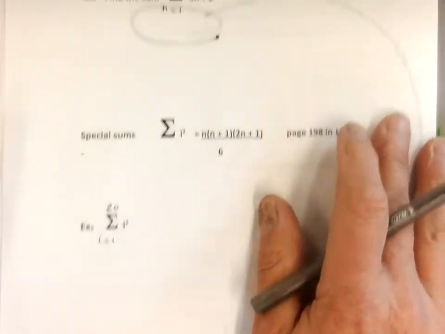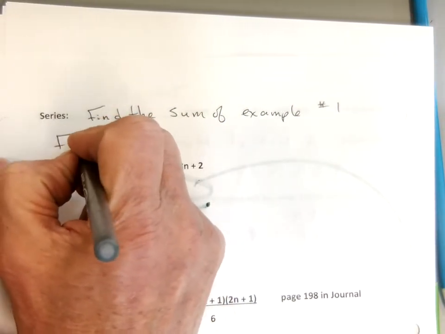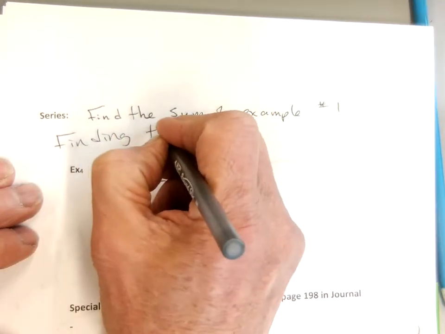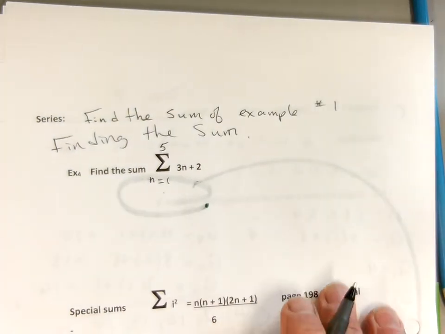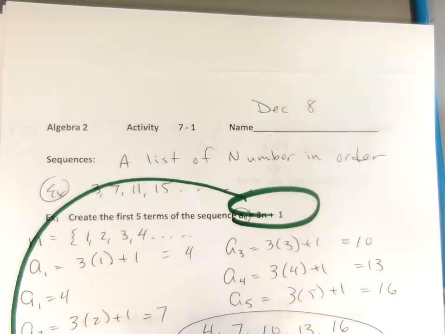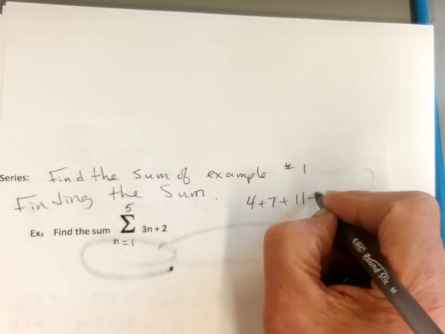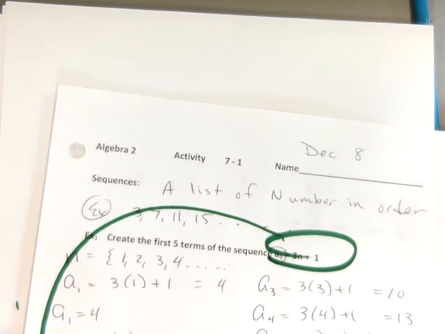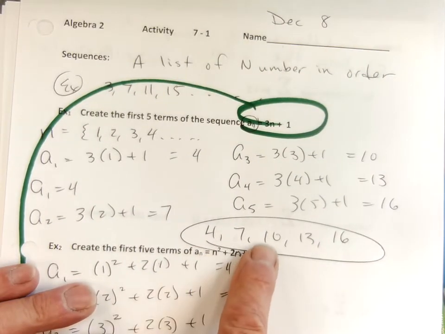Okay, so series is finding the sum. It says find the sum of example number 1. So let's go back. Example 1, I'd have to change it to 4 plus 7 plus 10 plus 13 plus 16.